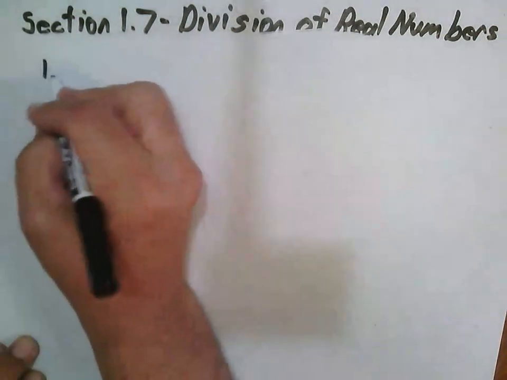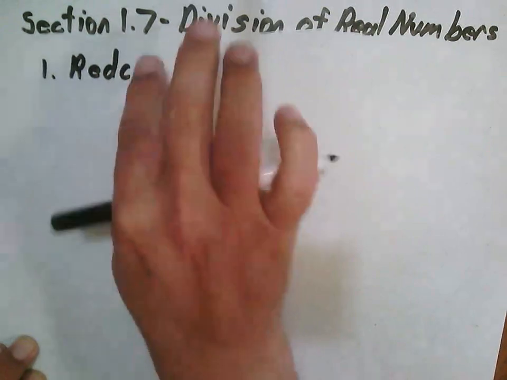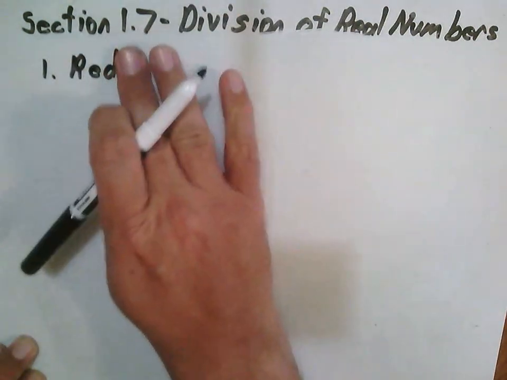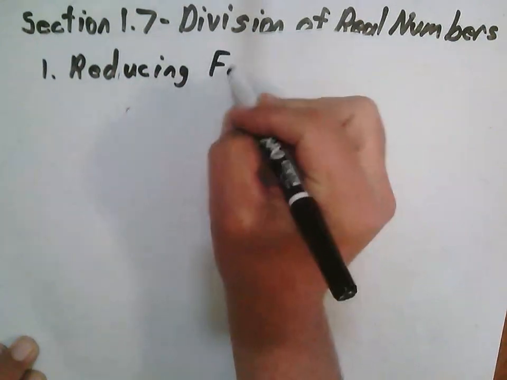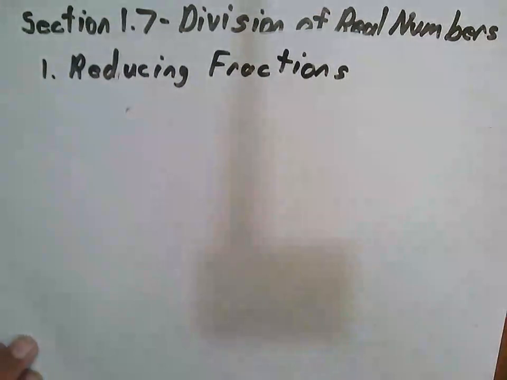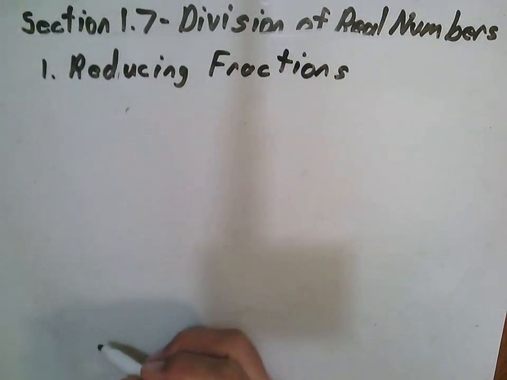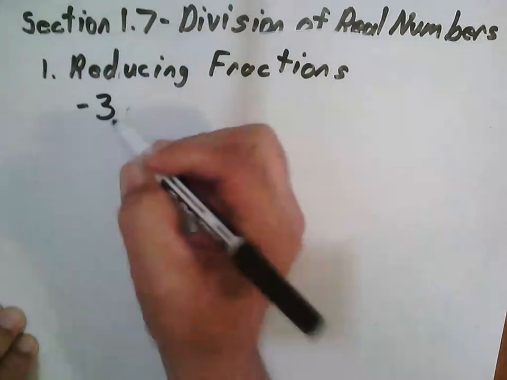So if I'm reducing my fractions, I have to look at it, and I'm just going to use an example here. The only time that you'll really reduce these fractions is if it's written as a problem.